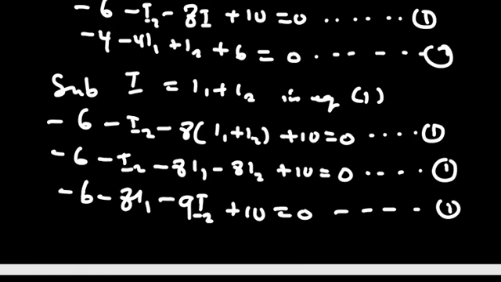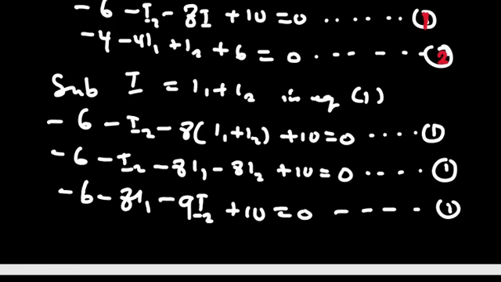This is our equation 1, and we can now call what is here our equation 2. Let us write it in terms of I1 first. We have minus 4I1 plus I2, and in this case minus 4 plus 6, this is plus 2 here, equals 0.